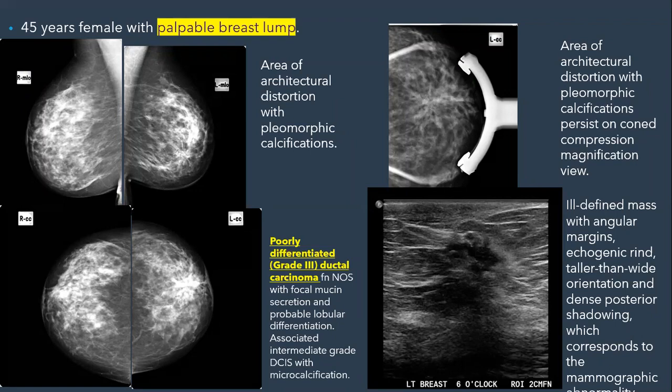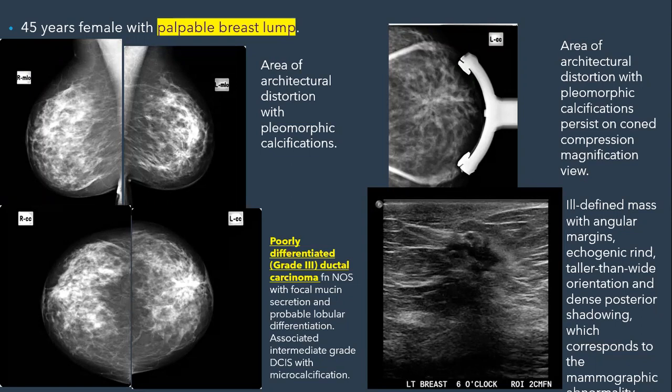Still, there is 4 point something percent chance to miss a lesion. You see, false negative up to 4.5 or 4.4%, I don't remember exactly, in combination of both mammography and ultrasound.